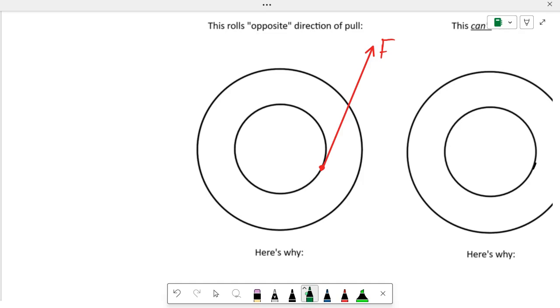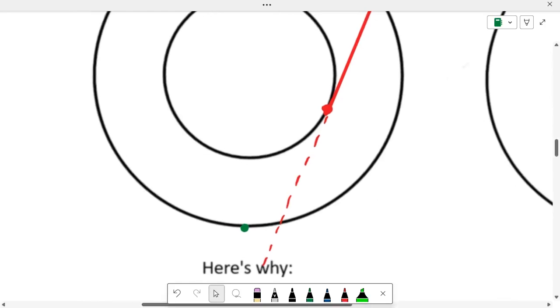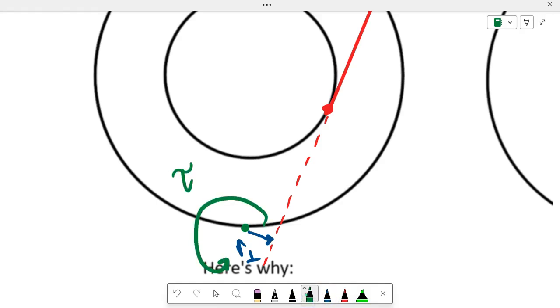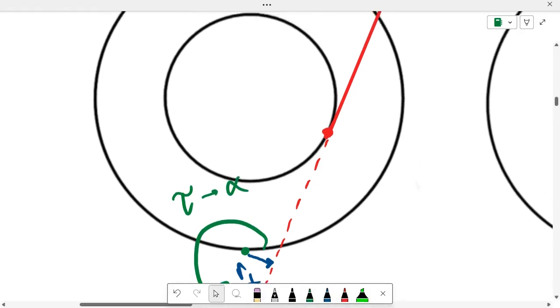If we again look relative to the point of contact, I've done this carefully such that here's the line of action of that force F. Let's zoom in. Here's a vector R perpendicular to that force, right? This force creates a torque that way, and therefore an alpha counterclockwise.